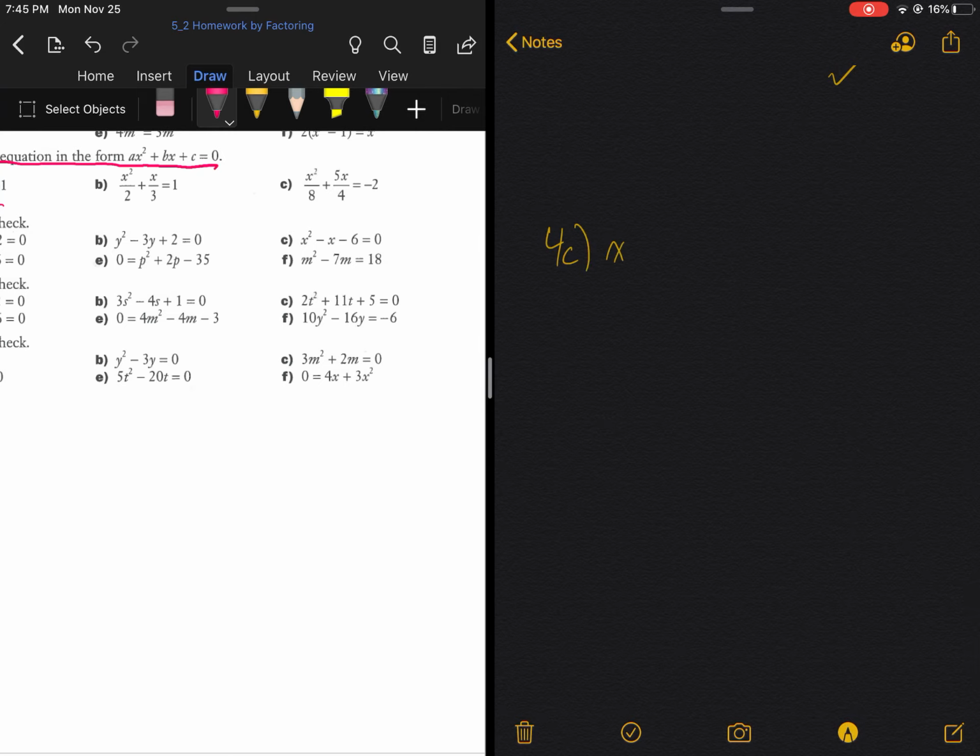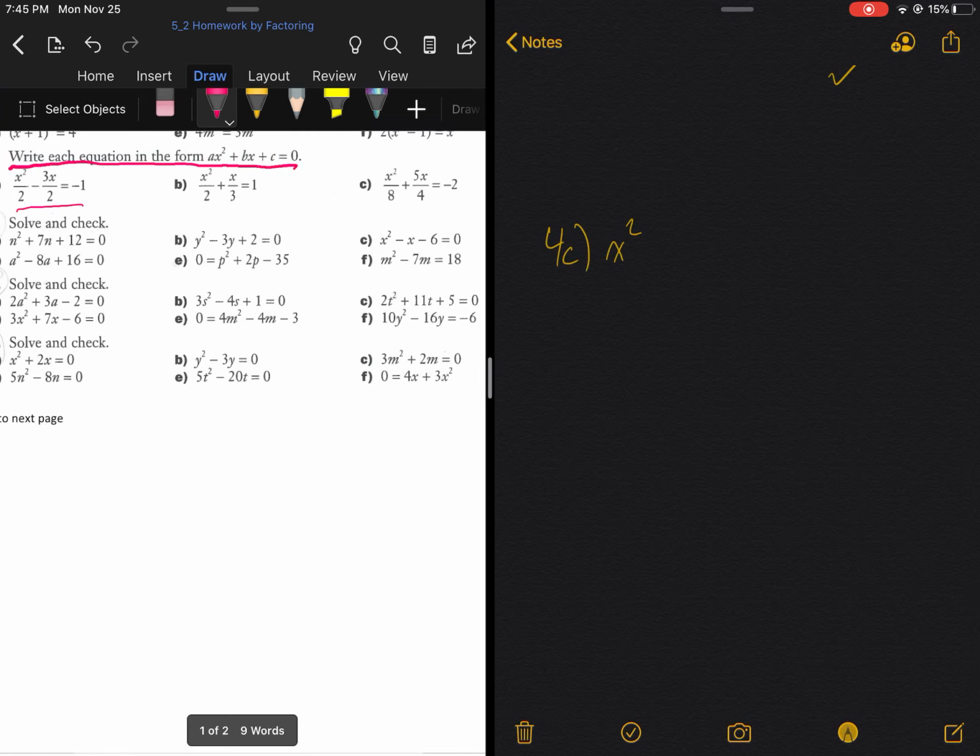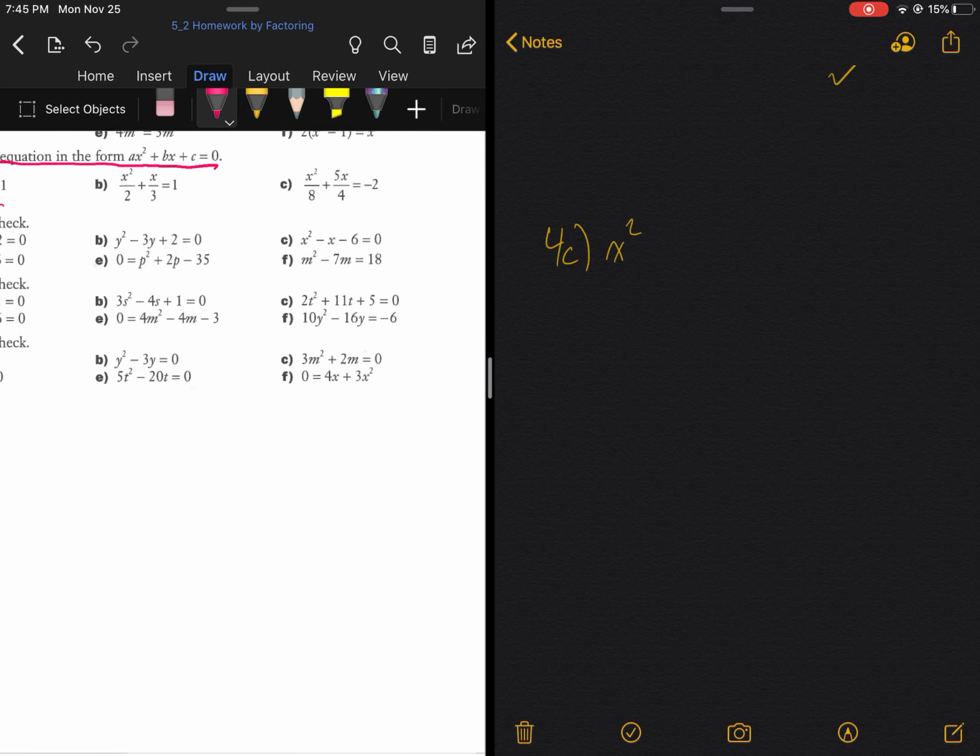Let's see for C. For C works in the following way. x squared minus x minus 6 equals 0. Find two numbers that multiply to 6 and add to, basically 3 times 2.